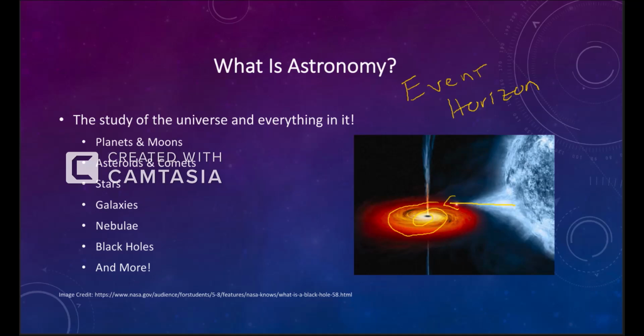That gives the black hole a source of energy, and then allows us to see the material around the black hole as it is heated up to incredibly high temperatures. So as this material spirals in, it's heated up to very, very high temperatures, and that allows it to give off radiation that can then be detected. Once it crosses this event horizon, we can no longer get any more information about that black hole. And these are just some of the objects that astronomers study.